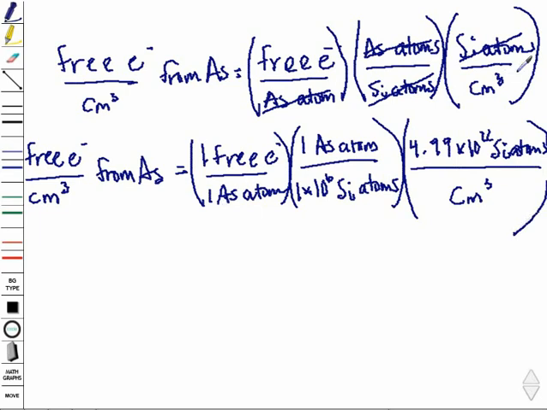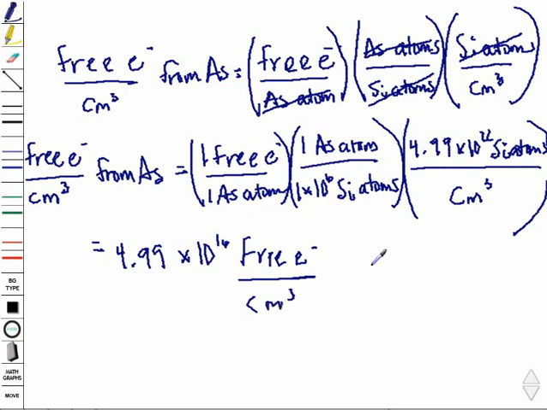And our units are going to cancel out just as they did before, so we find that our final answer is that we get 4.99 times 10 to the 16th free electrons per centimeter cubed from arsenic.